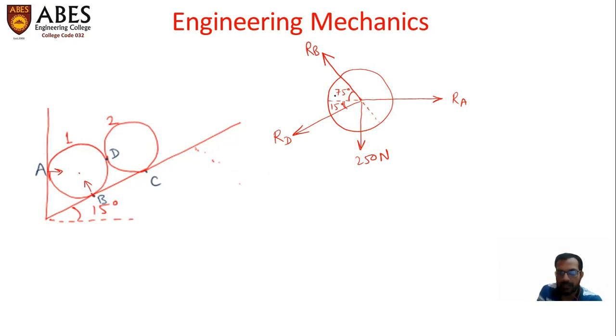Minus RB cos 75, in the left hand side direction, the component of this force, minus RD cos 15, the horizontal component of this force, it is also acting in the left hand side direction, plus RA, which is acting in the right hand side direction, is equal to 0, because there will be no horizontal component of this force because it's purely vertical.